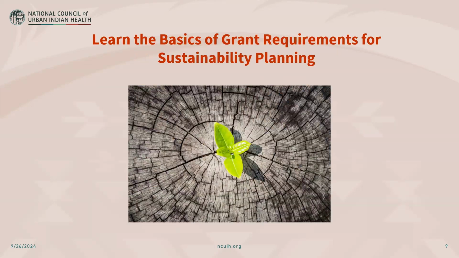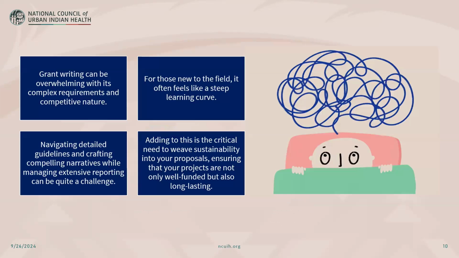Hello, everyone. We're going to be talking about the basics of grant requirements for sustainability, and that involves planning. We first want to recognize that grant writing can feel overwhelming due to its complex requirements and the competitive nature of securing funds. So for newcomers, it often presents a steep learning curve.